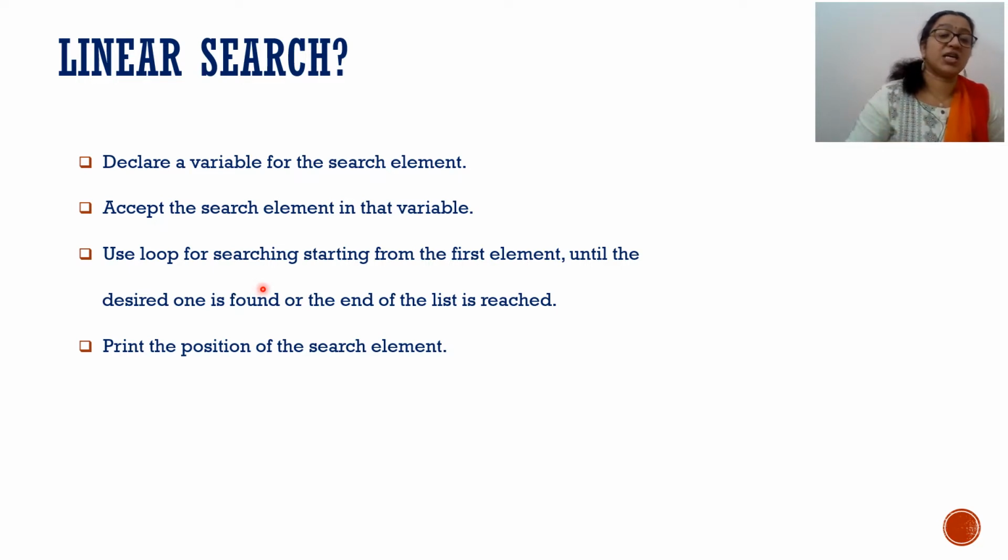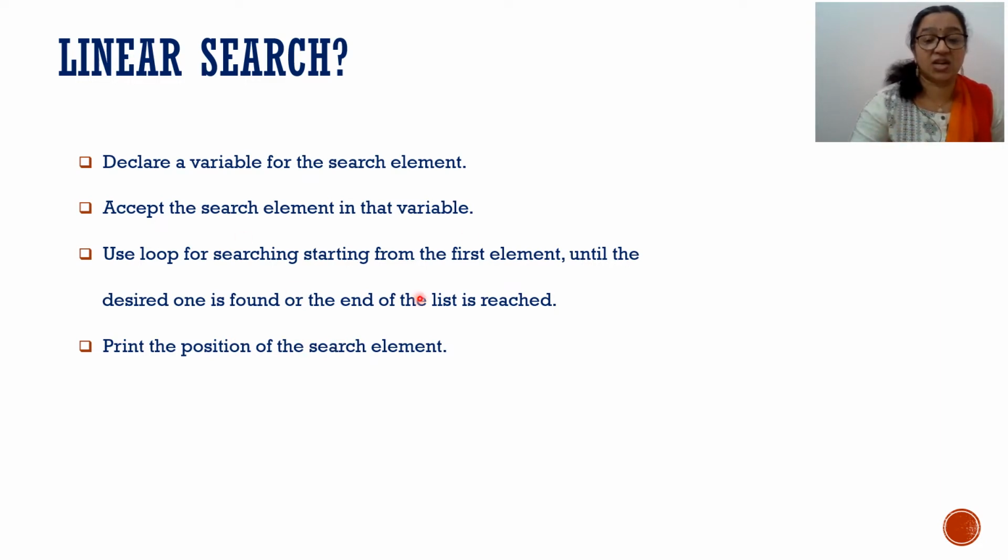So we check from the first position onwards until the desired one is found or the end of the list is reached. Here we are searching through a loop from the first element to the end of the array. If we find that value, we can print the position of the search element. This is called linear search.